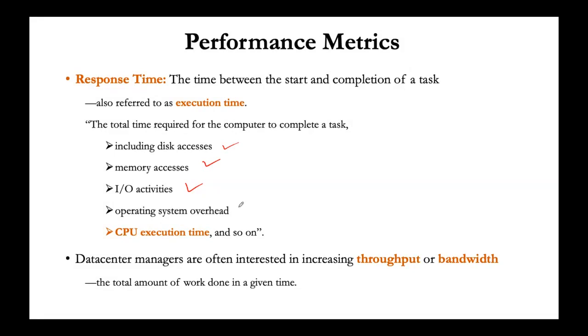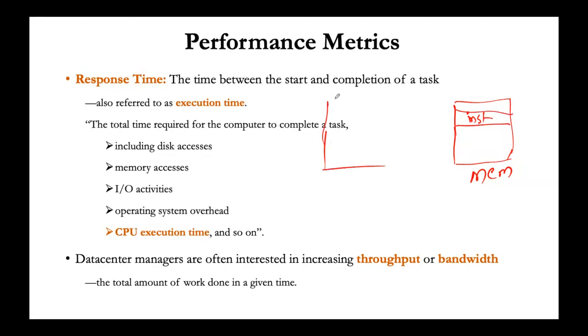If you recall our example when we talked about the implementation of instructions, we have the main memory, where the instructions are stored in the form of zeros and ones.